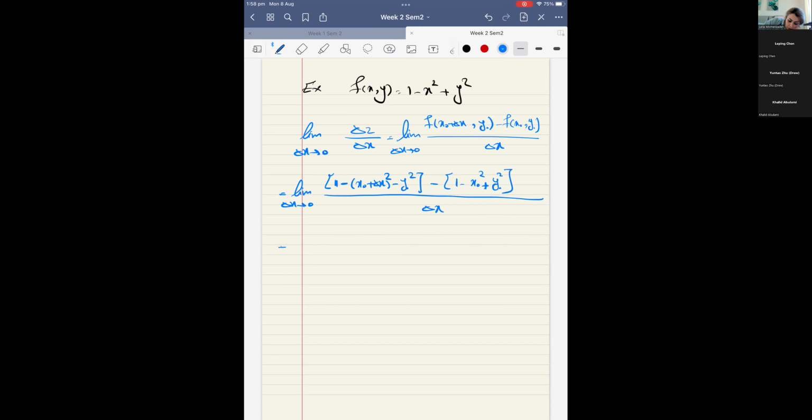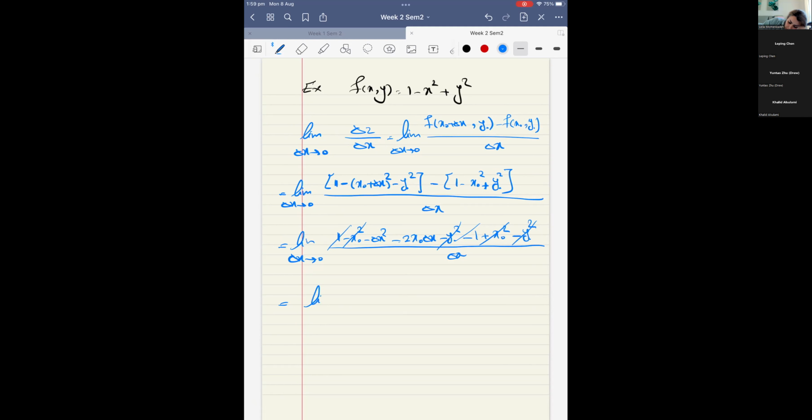This would be equal to the limit as delta x goes to 0 of 1 minus x0 squared minus 2x0 delta x minus delta x squared minus y0 squared, minus 1 plus x0 squared plus y0 squared, over delta x. This cancels with this, this cancels with this, and this cancels with this.